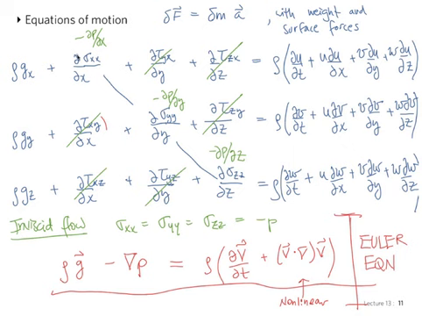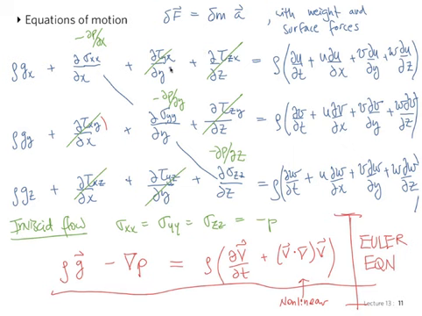But you notice that in this equation, what are the unknowns? All of the velocity components, u, v, and w are the unknowns, plus all of the stresses. So there are just too many unknowns. Even if we add the continuity equation, there are more unknowns than equations, right?